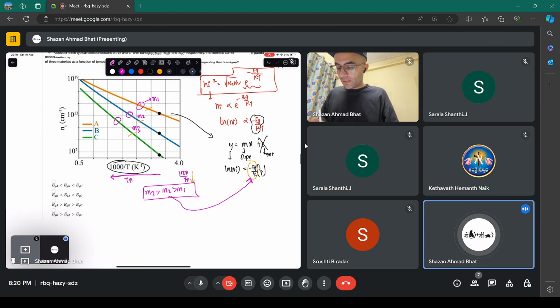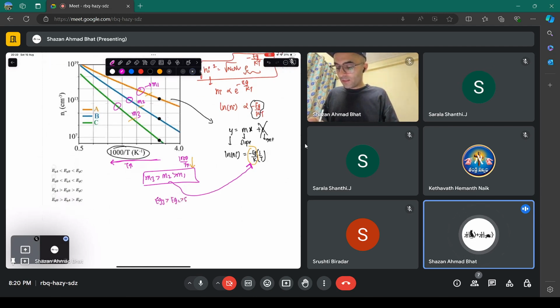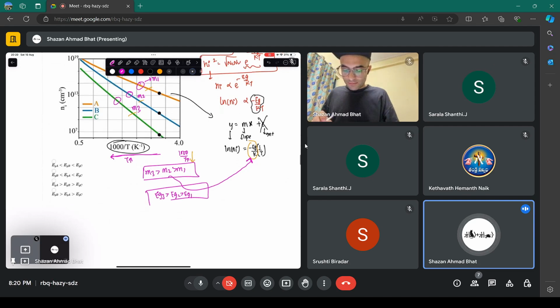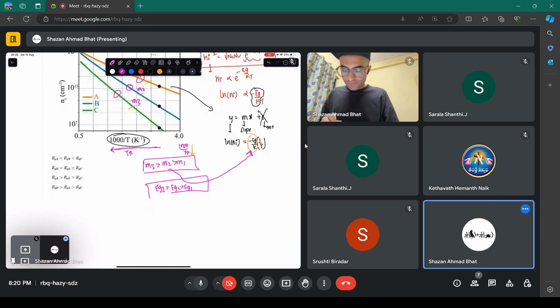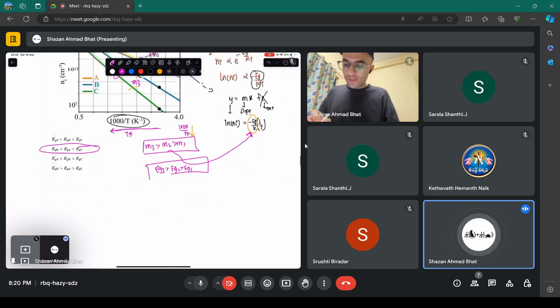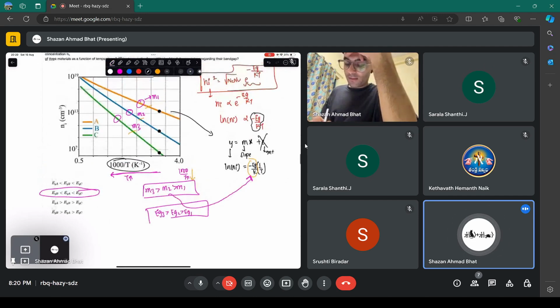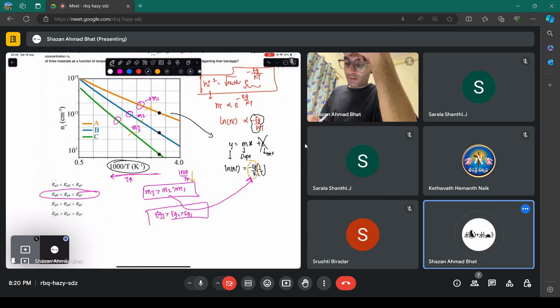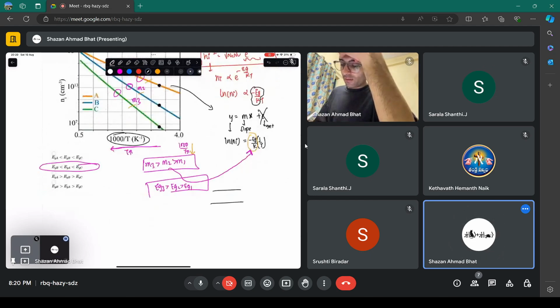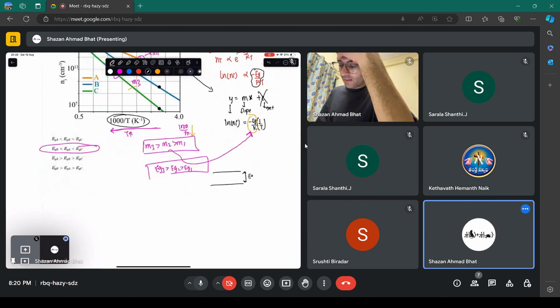That means Eg of 3 is greater than Eg of 2, which is greater than Eg of 1. That is the answer of this question. And the simplest explanation can again be that if you go on increasing the temperature, it basically changes the band gap. And if the band gap reduces, let's say this is Eg1 and this is Eg2.